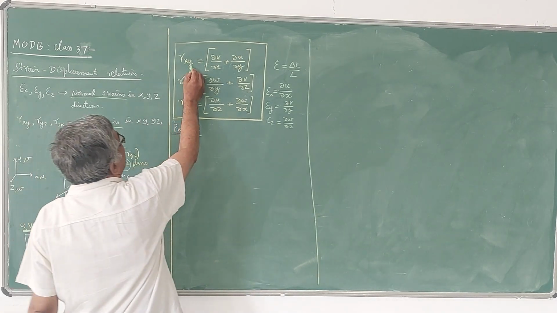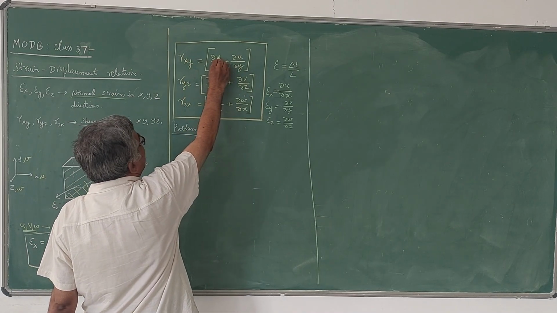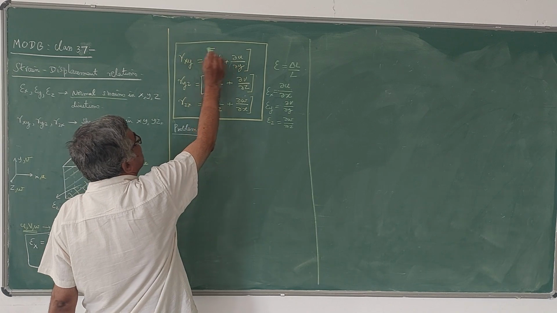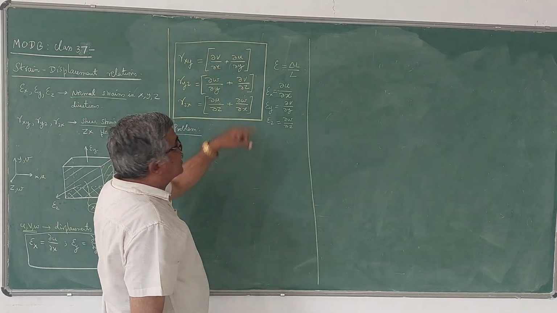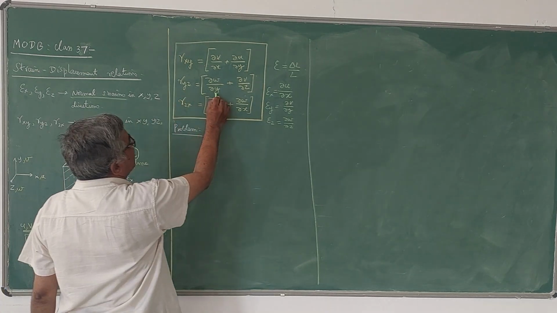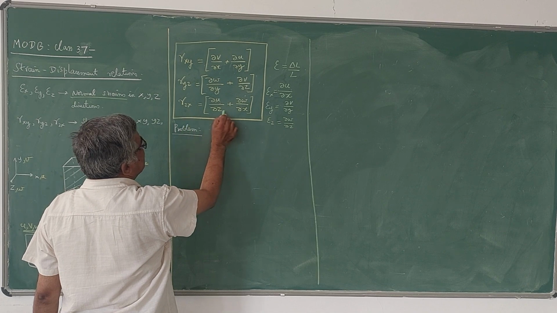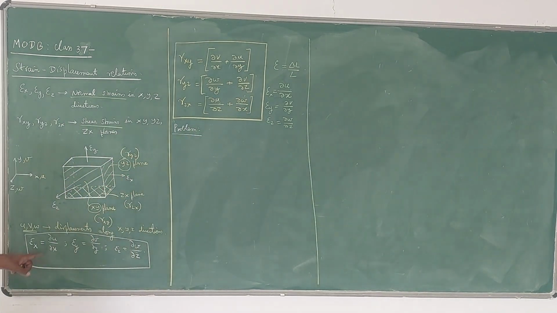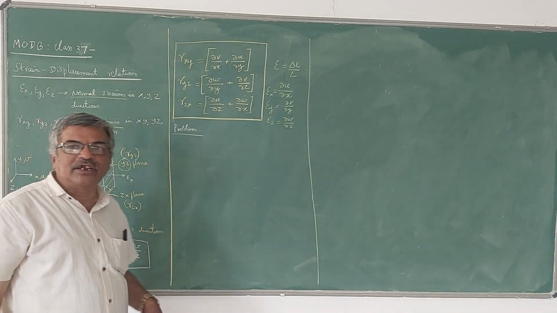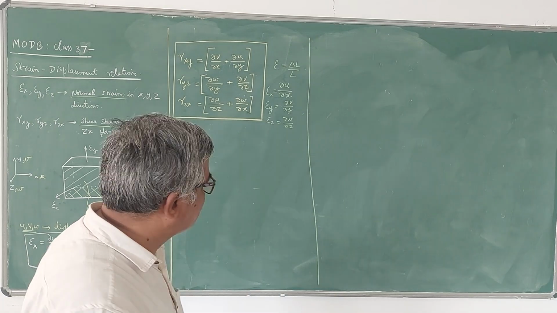For example, the displacement component in y direction will come here, that is v. Displacement component in x direction will come here, that is u. So this is how we have to write. It will be interchanged. Similarly for gamma yz, yz is written here, w and v will be written here. For gamma zx, zx will be written here, u and w will be written here. So this is how we can write the 6 strain components at a point when a material is subjected to some external force.